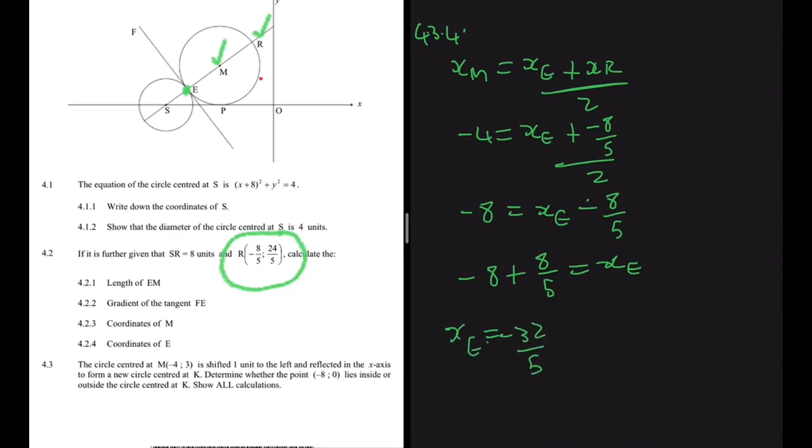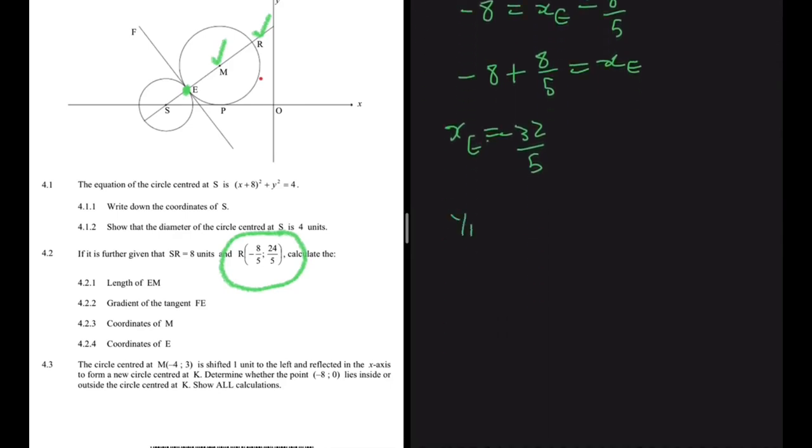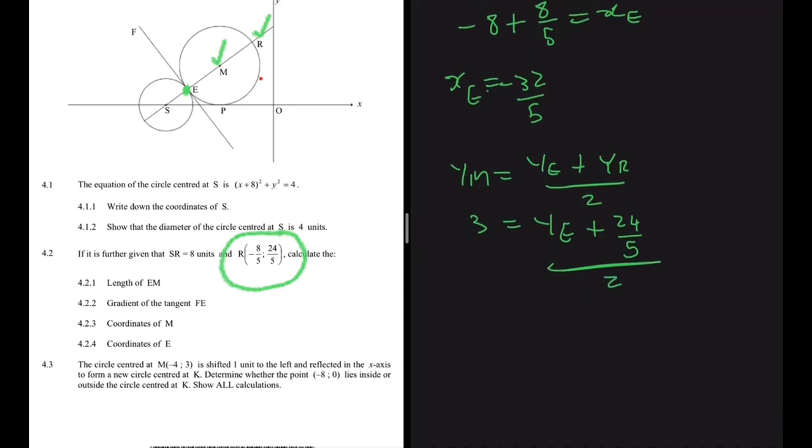Now we can move our attention to y of E. We are applying the same idea. We say that y of M will be equal to y of E plus y of R, divided by 2. Y of M, that is 3, right? We have already established that. Then y of E plus y of R, which is 24 divided by 5, everything divided by 2. Now we can cross multiply.